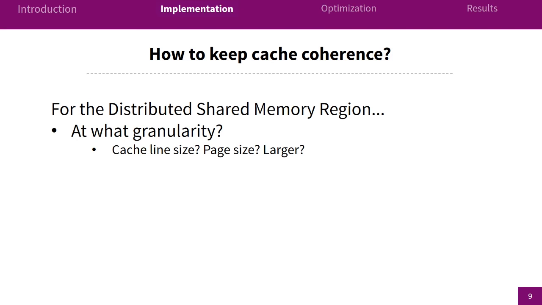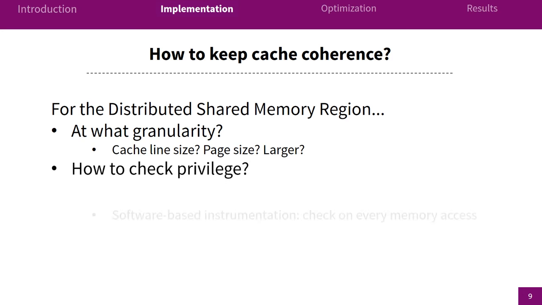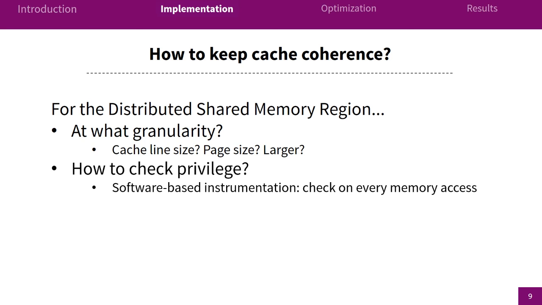To keep cache coherence, we have to pick the synchronization granularity and check the cache block's privilege. A straightforward solution is software-based instrumentation, where we check every guest memory access. But this can introduce large overhead. Another choice is to use the hardware memory management unit to do the host page privilege check automatically.